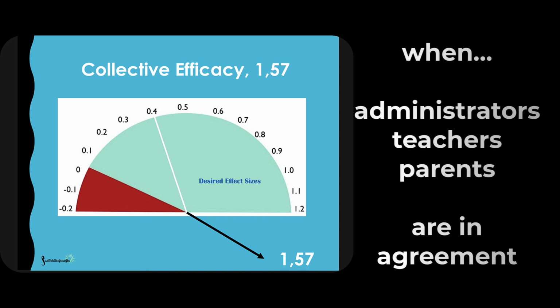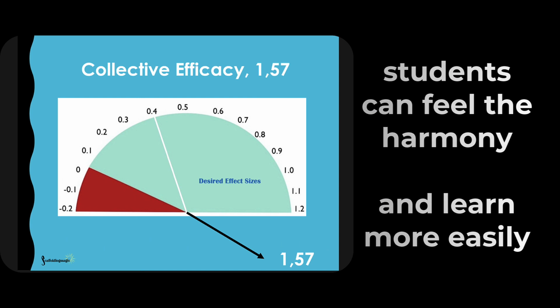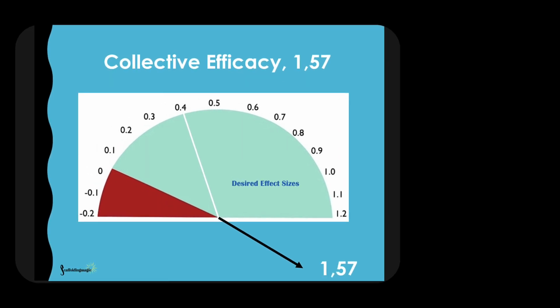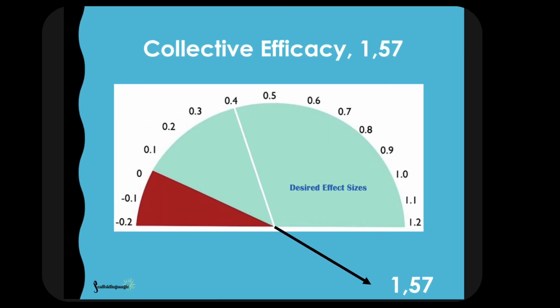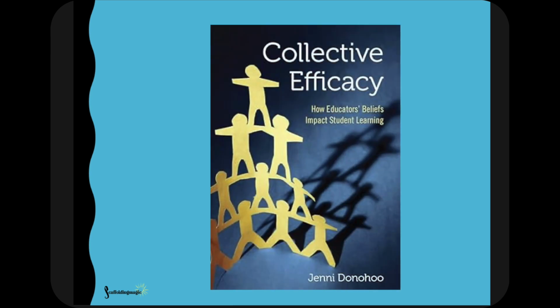Because when the administration, the teachers, and the parents are all on the same page when it comes to methodology and the majority of other educational decisions, when the students walk in the doorway of the school, they can feel the collaboration and the appreciation each group feels towards the other. The end result is that the students learn more effectively. There's an incredible book on collective efficacy by Jenny and Marie Donahue that I would strongly recommend if you'd like to go deeper into this issue.